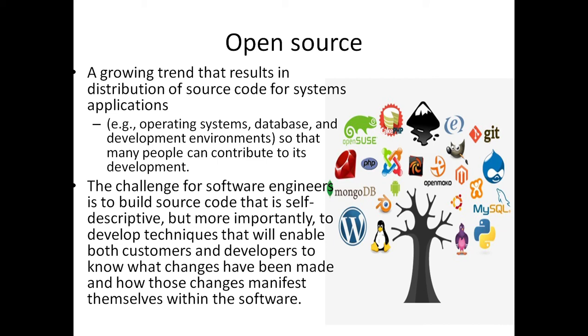Though it is open source, many different users can contribute to the development by getting the source code from one person. The others can modify it and reuse it. The challenge for software engineers building open source software is to be self-descriptive, but more importantly, to develop techniques that enable both customers and developers to know what changes have been made and how those changes manifest themselves within the software.